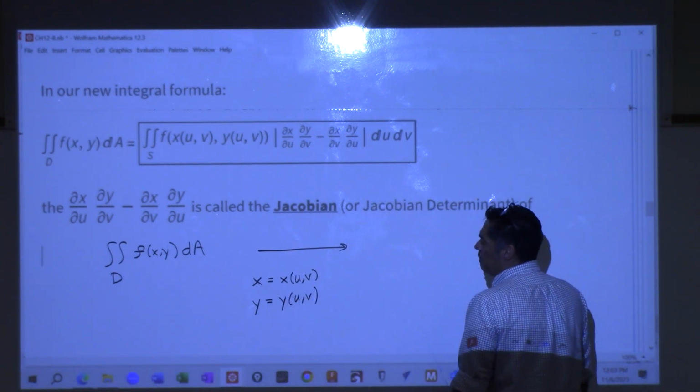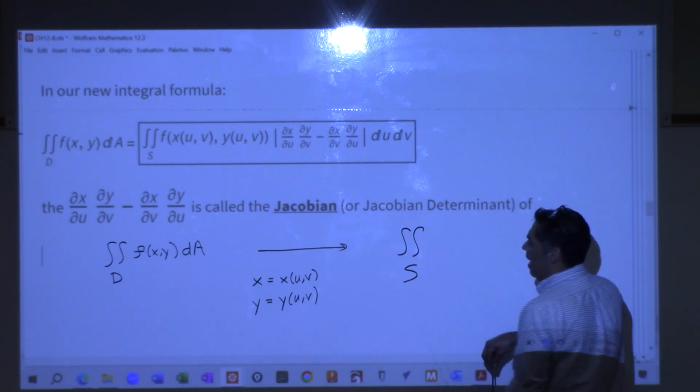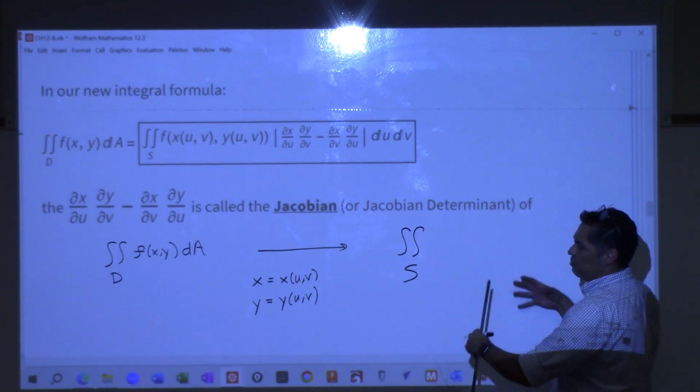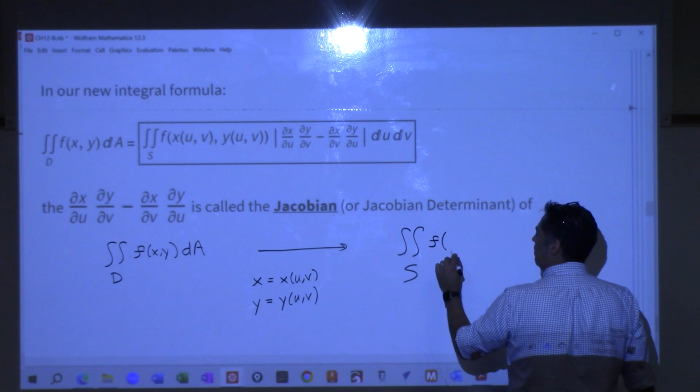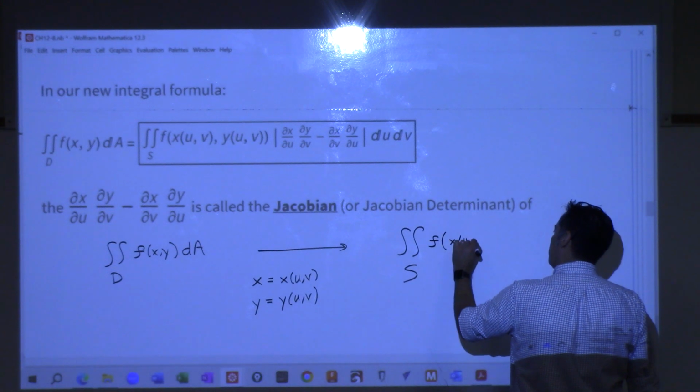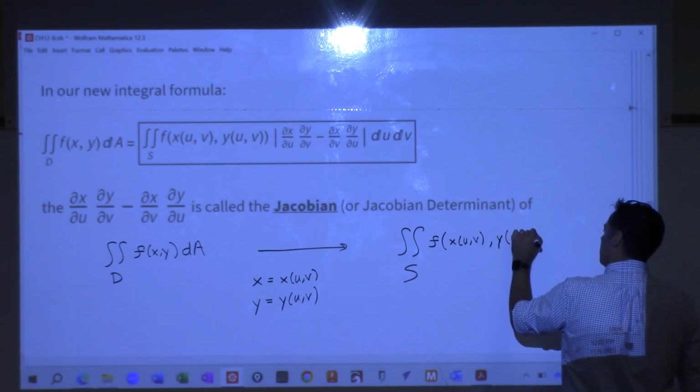Then the way you convert that is you set up the double integral over this new surface S in this new space. Then you'll have your function f evaluated at that new x of u and v, and y of u and v.